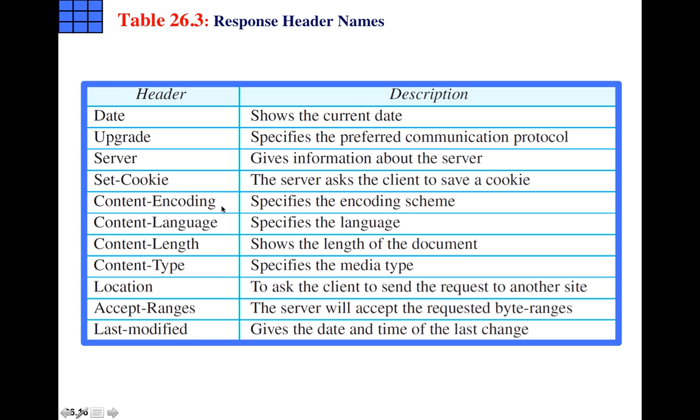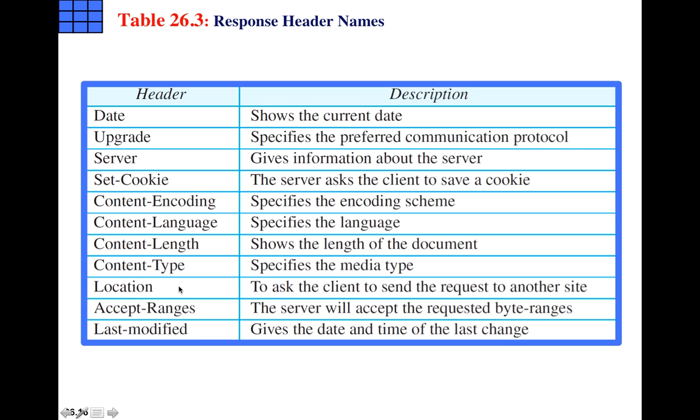Content encoding, it will specify what encoding the server is using, what language it's using, the length of the document being sent, the type of the content. What type is it? Is it text? Is it audio, video? Location.